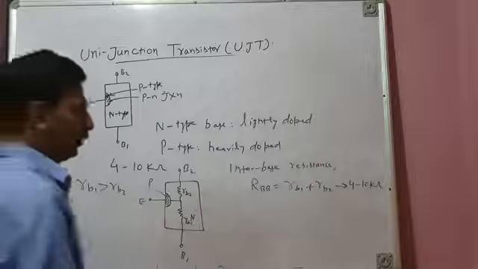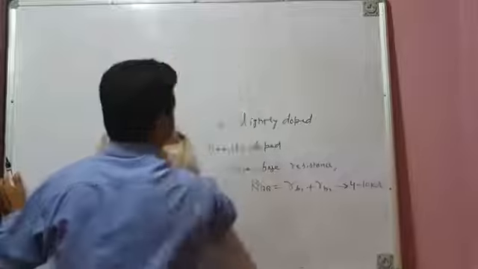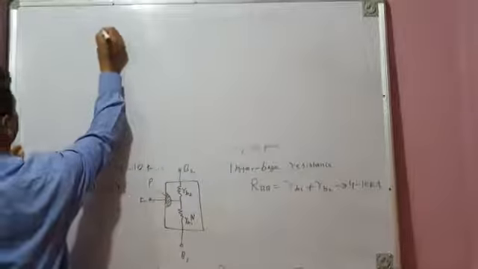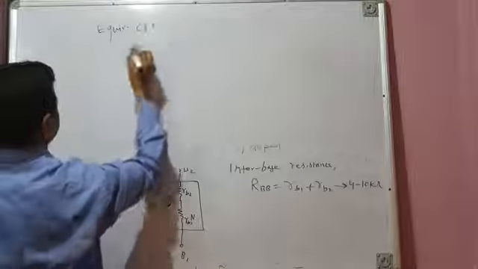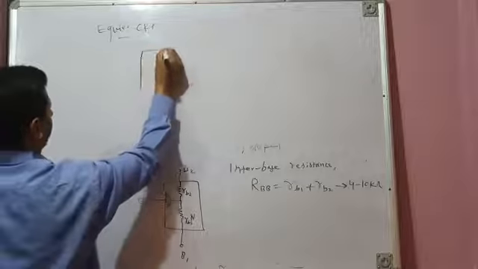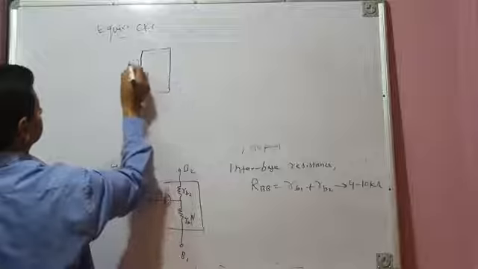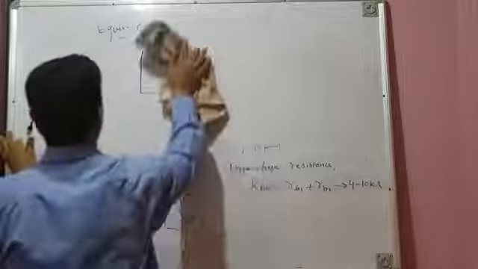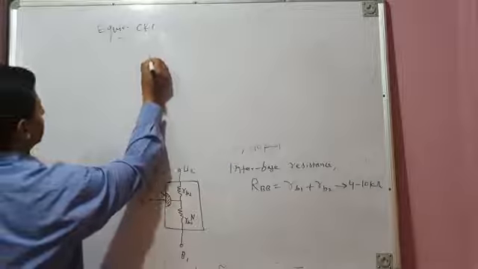So we can draw the equivalent circuit diagram of the UJT like this.